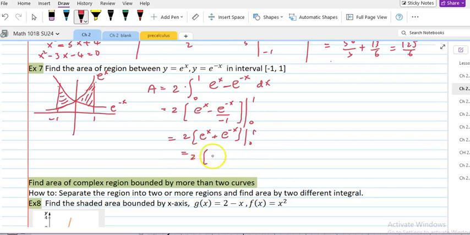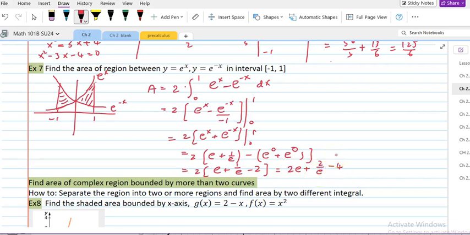So 2 times e plus e to the negative 1, which is 1 over e, minus e to the 0 plus e to the 0. E to the 0 is 1, so don't forget that. So it is 2 times e plus 1 over e minus 2, which is 2e plus 2 over e minus 4.